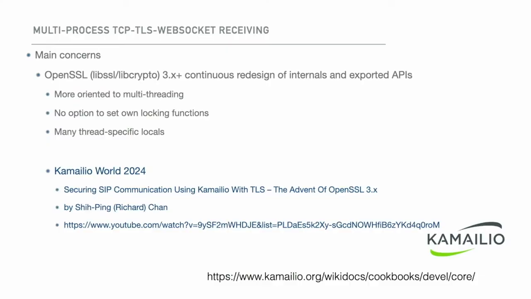Memory is still available, but they made it internally using a lot of this thread storage type of variables and so on. So many thread-specific local fields there. And that made it harder for Kamailio in a multiprocess architecture to deal with. We had crashes, random, you didn't know from where.